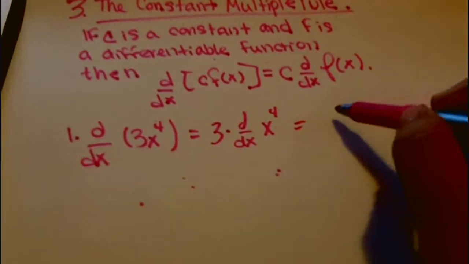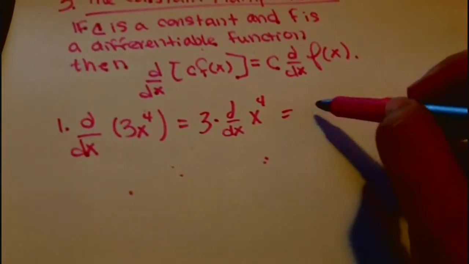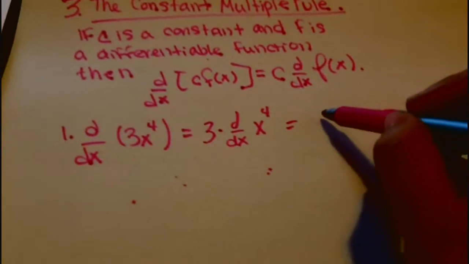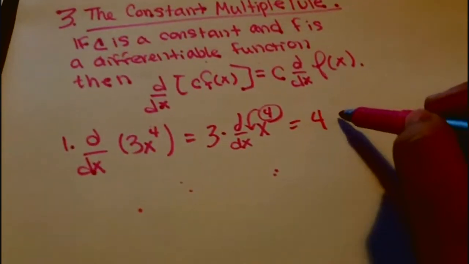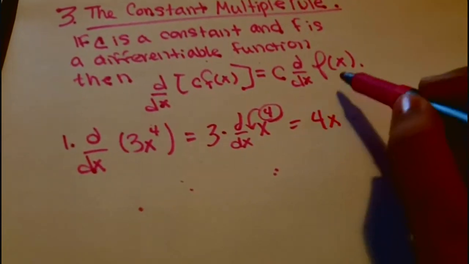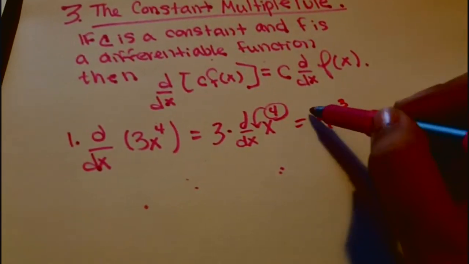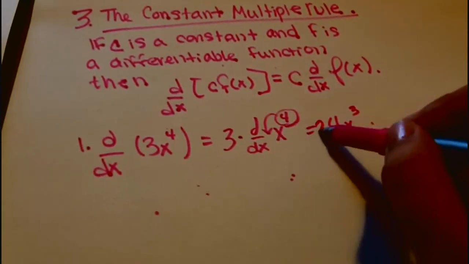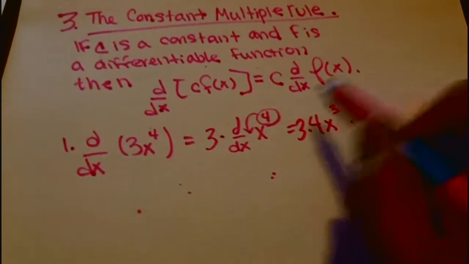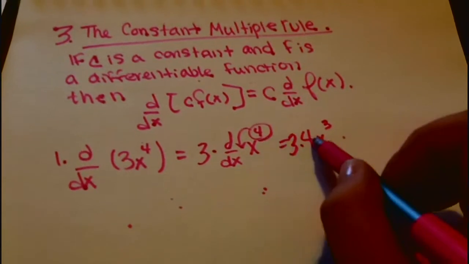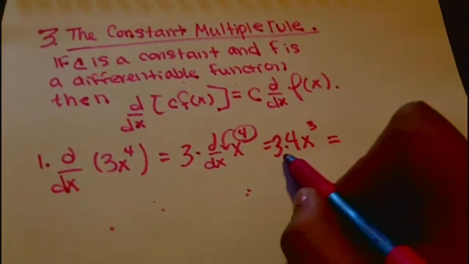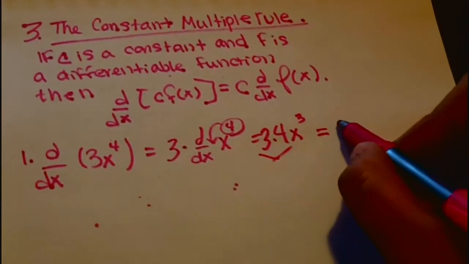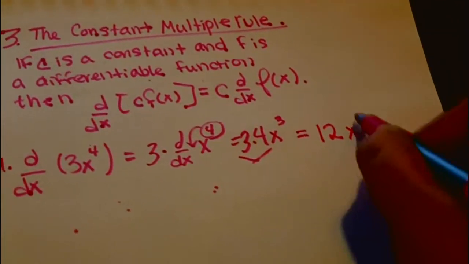And as we remember from the power rule, the derivative of x to the fourth would be 4, you move the 4 down, times x to the 4 minus 1, which would be 3. So we're going to take 3, the constant, times the derivative of x to the fourth, which is 4x to the third, which is equal to 3 times 4 is 12, x to the third. And that's your final answer.